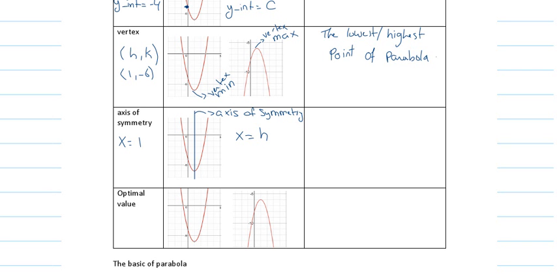And that's why we say x equals h, because h is the x value of the vertex. So the axis of symmetry is an imaginary line of symmetry that runs vertically through the vertex.